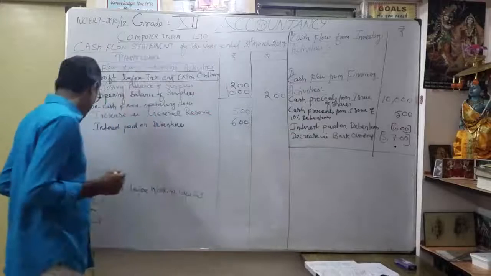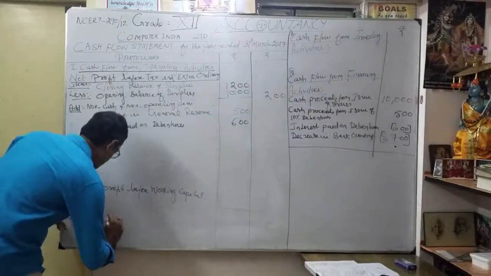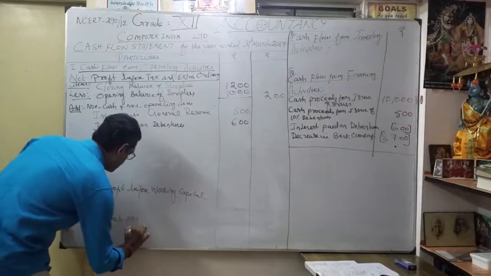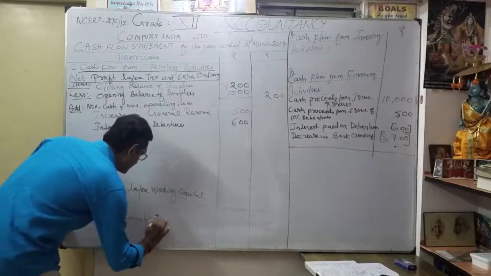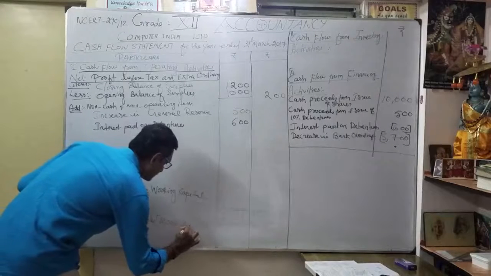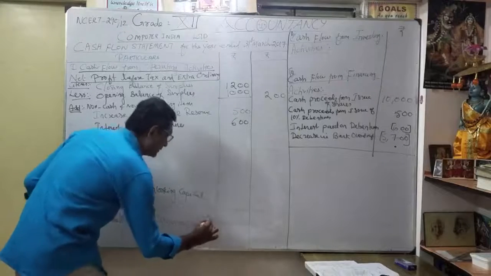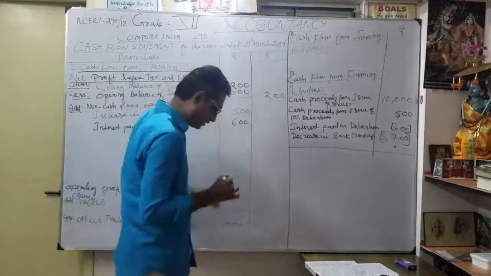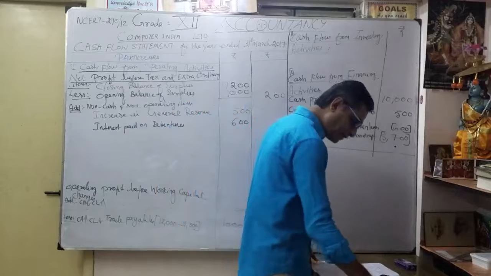So you have to write it where? Here, correct. So trade payables, within the bracket 12,000 become 11,000. So how much decreased? Decreased 1,000. Okay, that's what for the current liabilities.